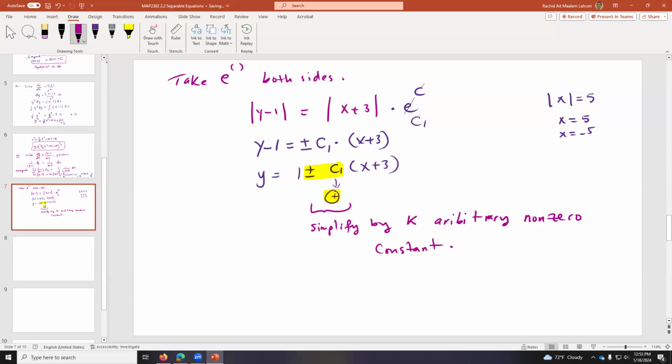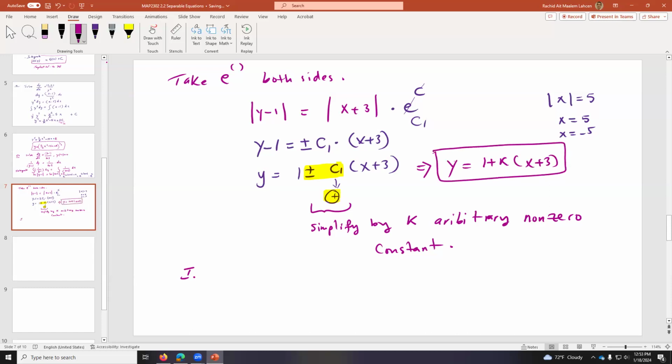So we can take care of all the sign issues by having some constant that will make up for that, and it can be positive or negative. And you'll see when you do the initial condition, it's just going to work out. All right, so now y equals 1 plus k times x plus 3.